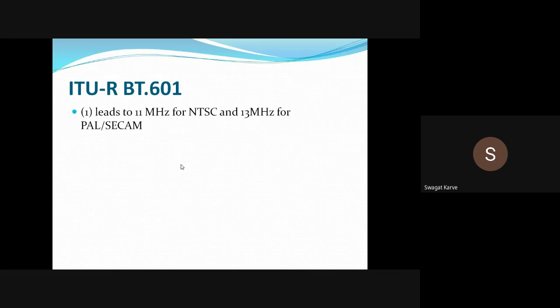So what is this? It leads to 11 megahertz for NTSC and 13 megahertz for PAL and SECAM. Okay, see, this NTSC, PAL, SECAM you are going to discuss in your next semester subject, that is multimedia communication technique, in detail. In this semester you have just the introductory part.